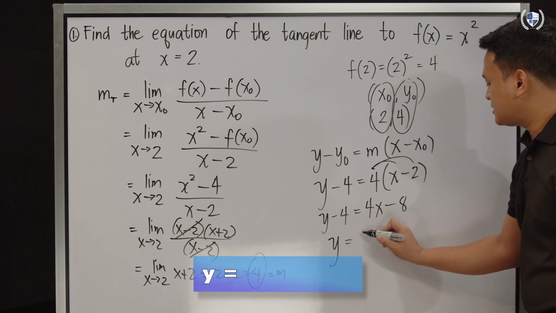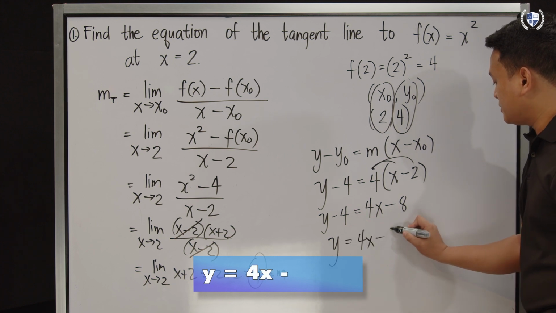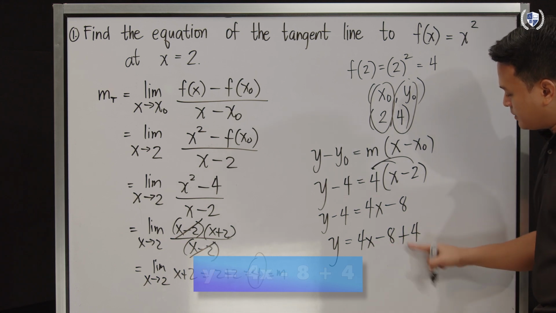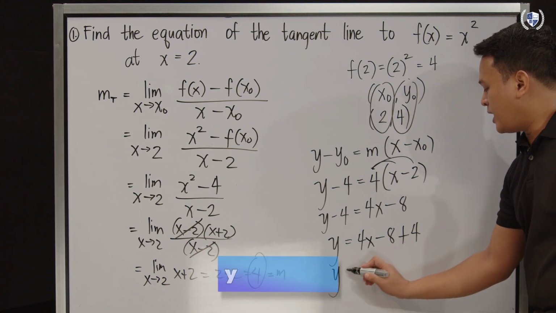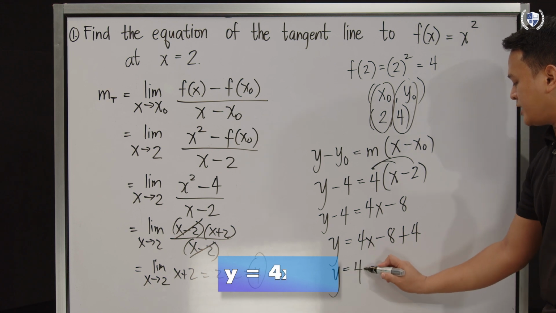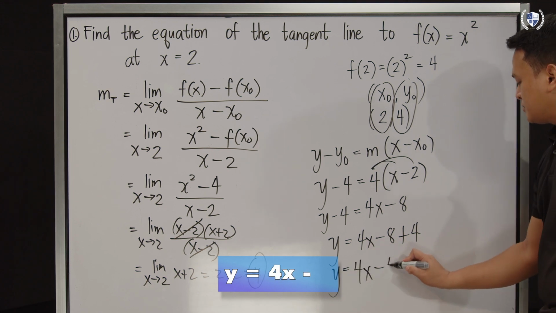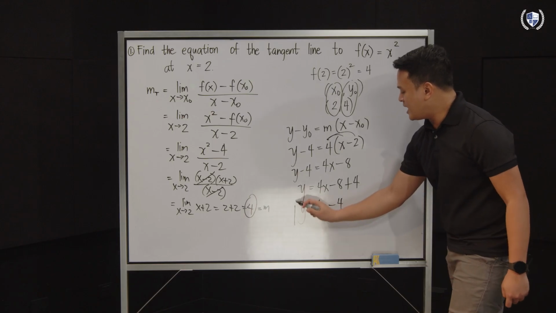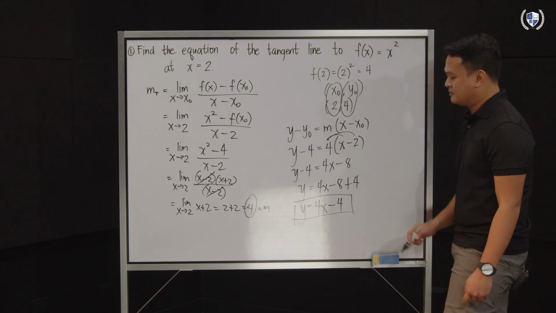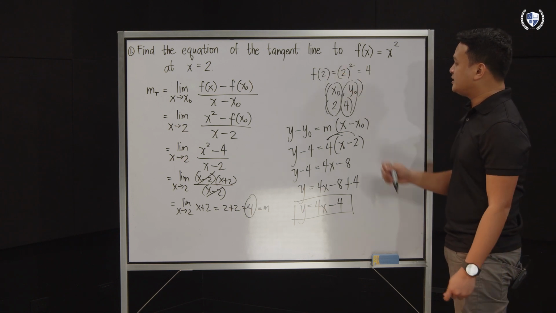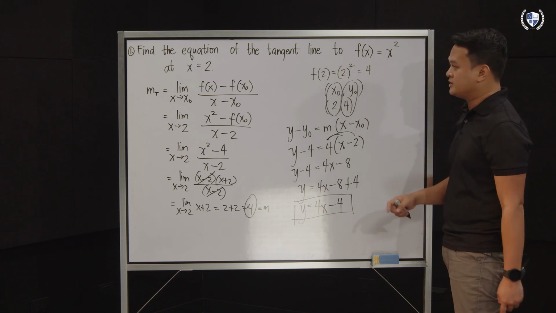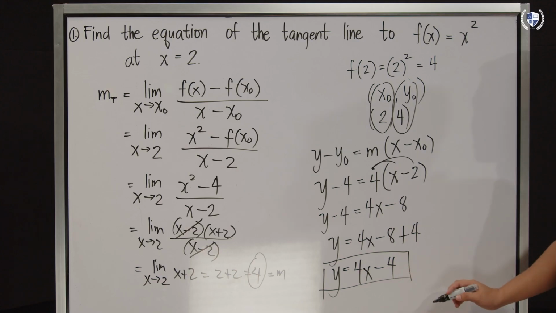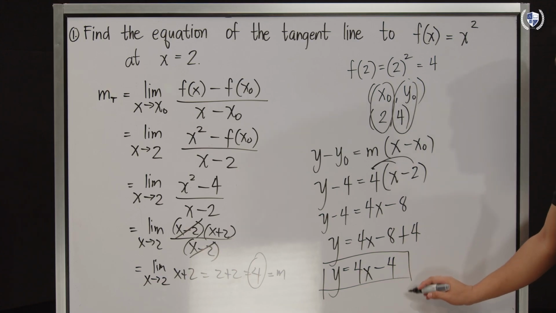Y equals 4x minus 8 plus 4. And pwede natin i-combine tong dalawang terms na yan, giving us y equals 4x minus 4. And are we done? Opo, because ito na yung hinahanap nating equation. The equation of the tangent line to our f of x equals x squared at x equals 2 is given by the equation y equals 4x minus 4.